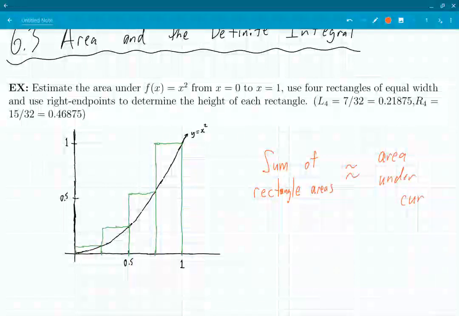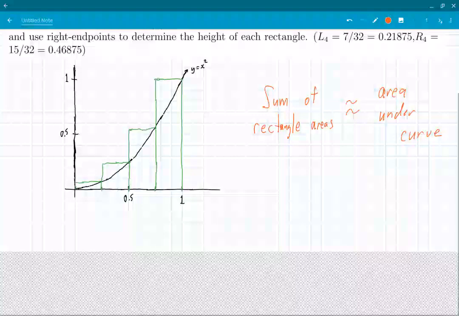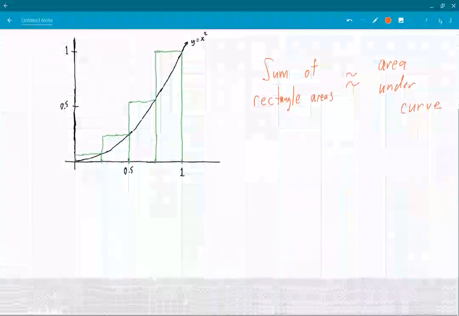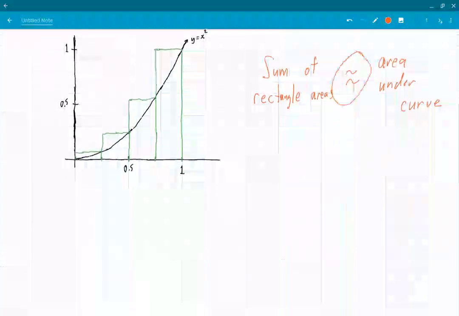Okay, this is not a very good approximation, but it's a starting point. So this symbol means approximately equal. Okay, let's find this approximation.